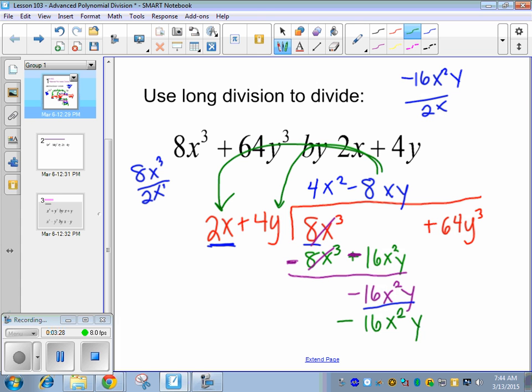We're multiplying a negative by a positive, so negative 16x squared y. Now we have to multiply it by the 4y right here. Don't forget this. It's the biggest mistake I see, people don't multiply this times this.